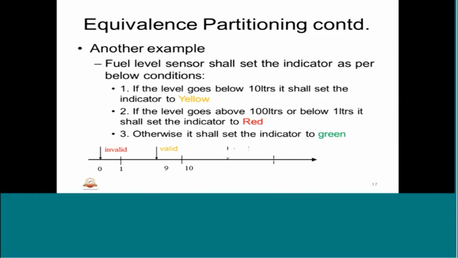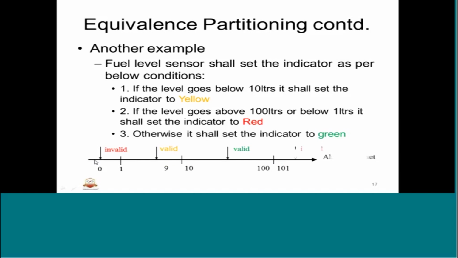The next one, the value between 100 or less than that is green because the requirement tells that between 10 and 100 should be green, and between 1 and 10 should be yellow, and before 1 it is invalid.